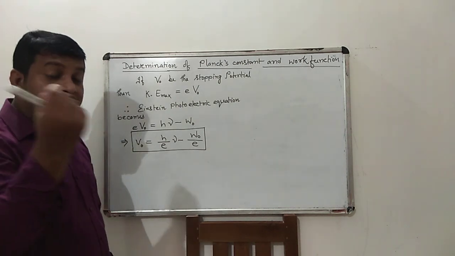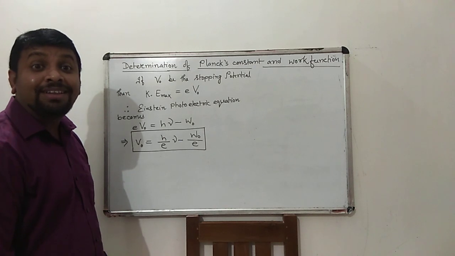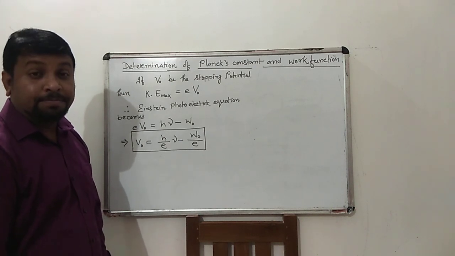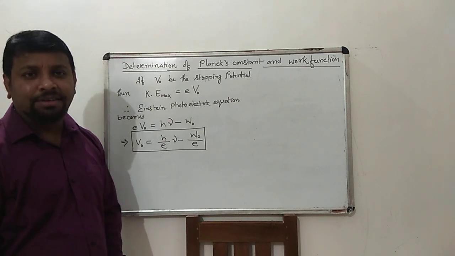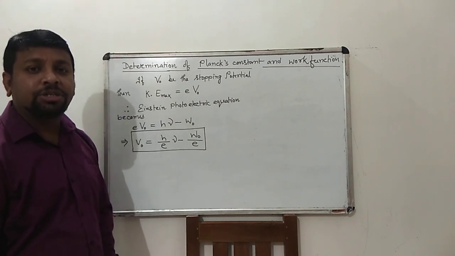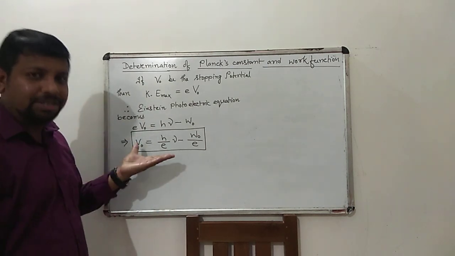If you face a question asking how to explain that the stopping potential increases due to increasing frequency of the incident radiation falling on it, this is the main mathematical explanation.